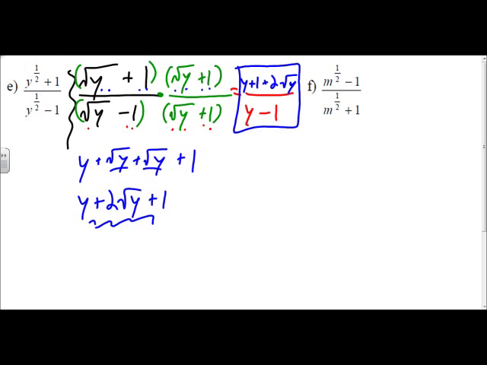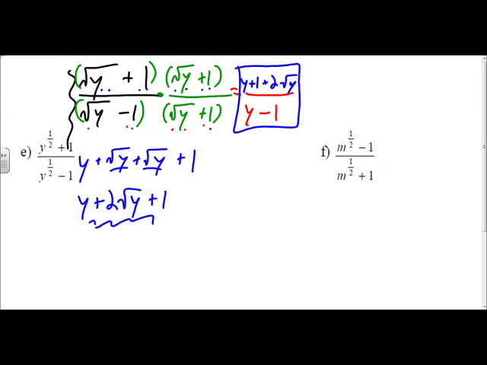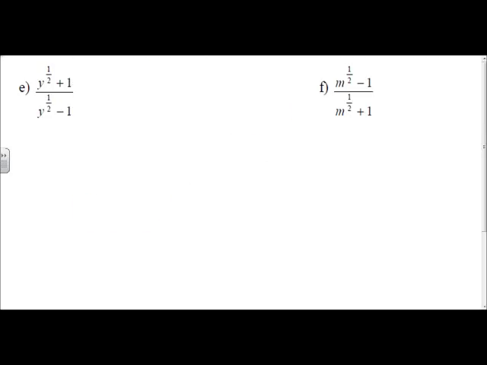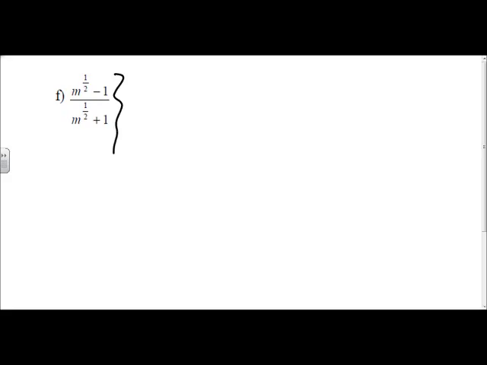Moving right along. I want to keep that up there actually. I'm going to erase this work. And we'll move this one over to deal with. Again, we notice this as square root of m minus 1 and square root of m plus 1.